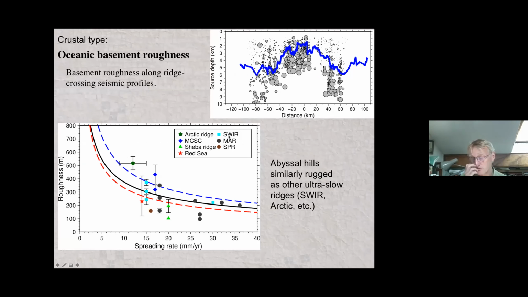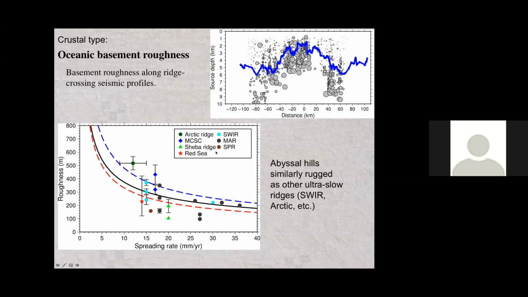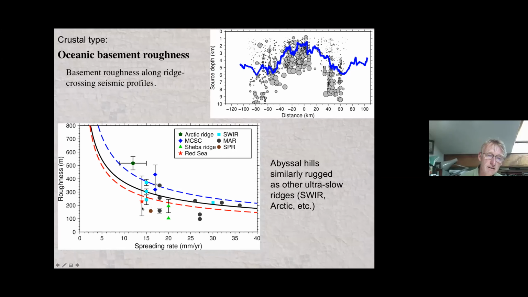Wen's also looked at roughness across axis. Typically at mid-ocean ridges, you have a roughness due to the faulting and magmatism. People have studied that at mid-ocean ridges and quantified it. We've tried quantifying it here.